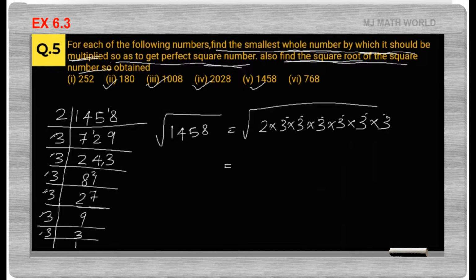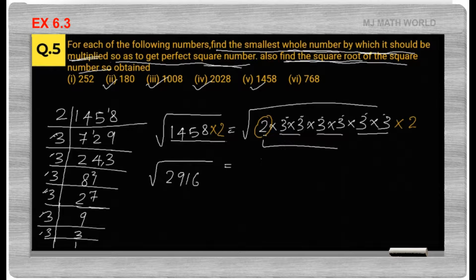Look at this one. This is the first pair, this is the second pair, and this is the third pair. All the 3s have pairs, but 2 has no pair. So we have to multiply both sides by 2, which is equal to the square root of 1458 into 2, which is equal to 2916.